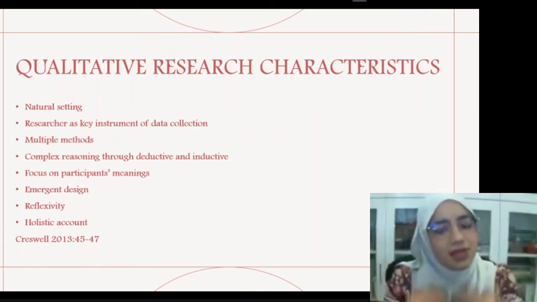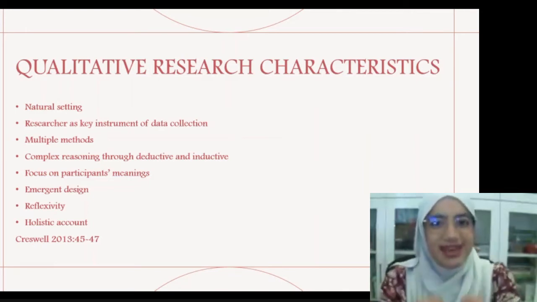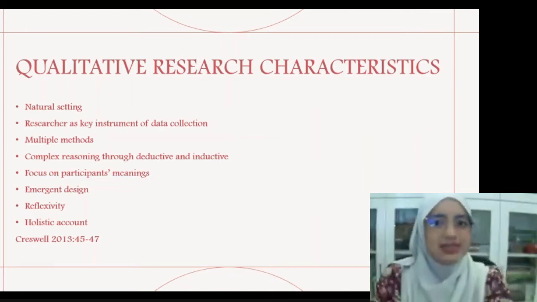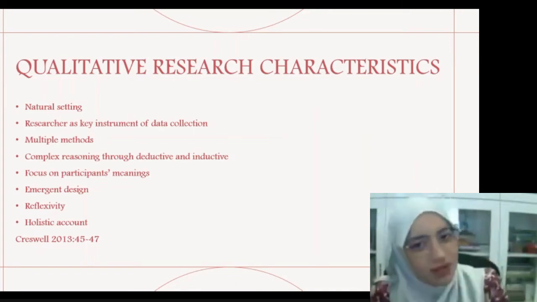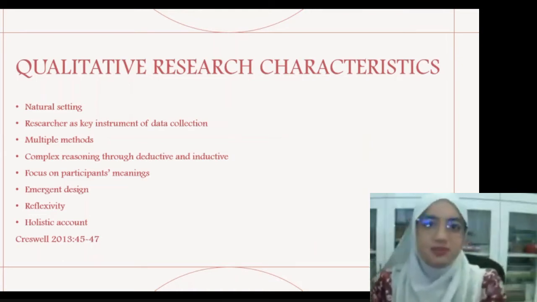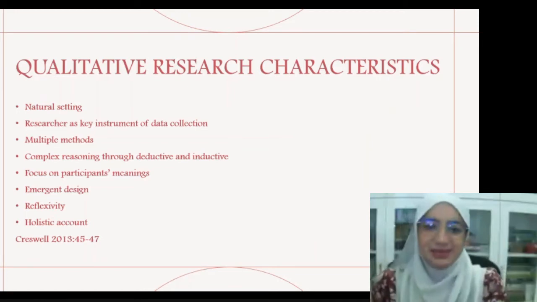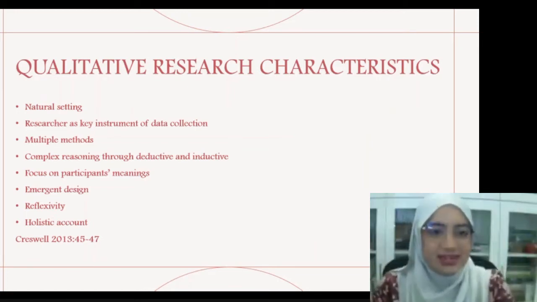How do you make sure that people are comfortable in sharing their most inner emotions and feelings with you? That is a skill. So you are the instrument and you have to sharpen yourself, because if not, then you will get lousy data. Lousy data won't get you anywhere. You cannot do anything with the lousy data. You have to go back to the field and collect again. So that is the danger.